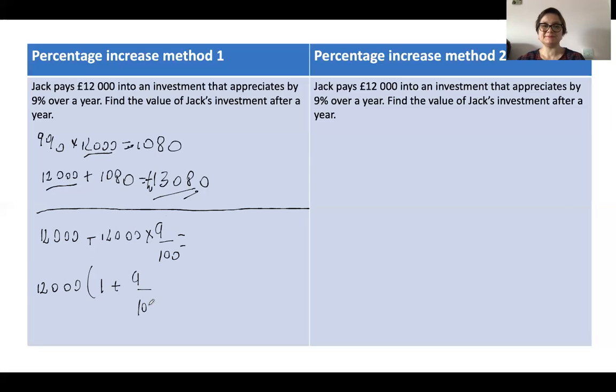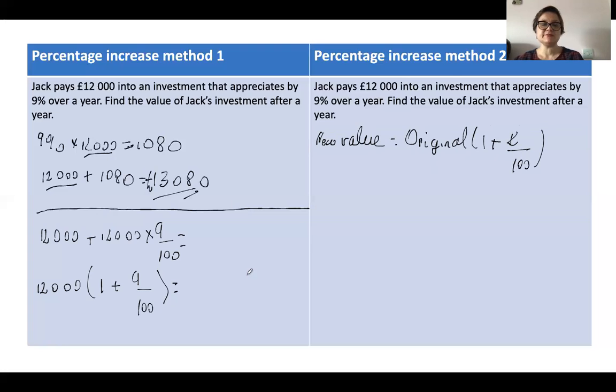And actually, this is a formula that I have, which says final answer, or the new investment, new value, let's say new value equals original value, which in this case is 12,000, times 1 plus r over 100.